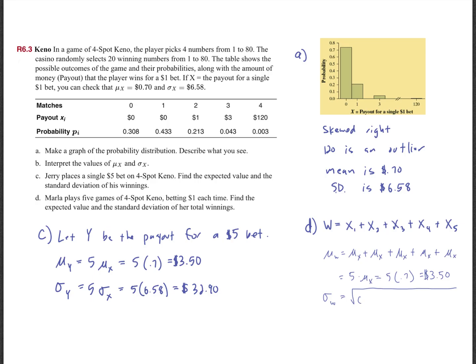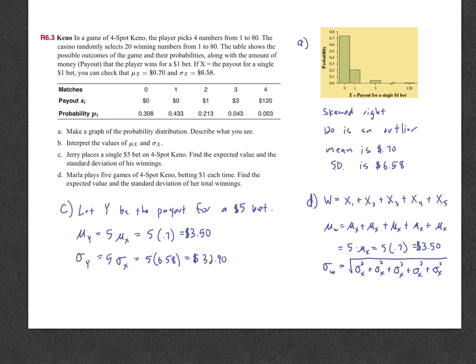So this would be the variance for X plus the variance for X, and so on. Remember, variance is just standard deviation squared. Which is really just the square root of 5 times the variance of X.